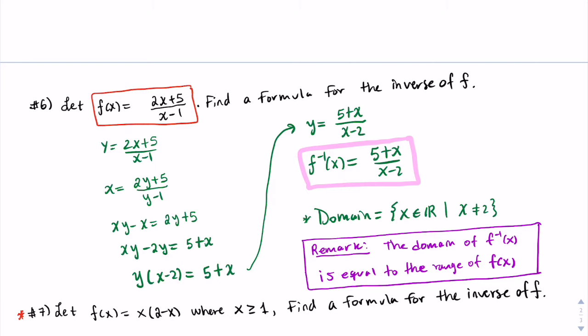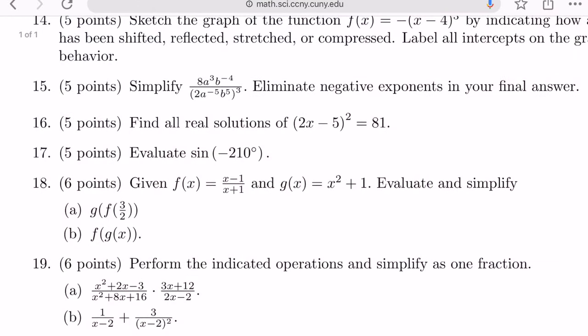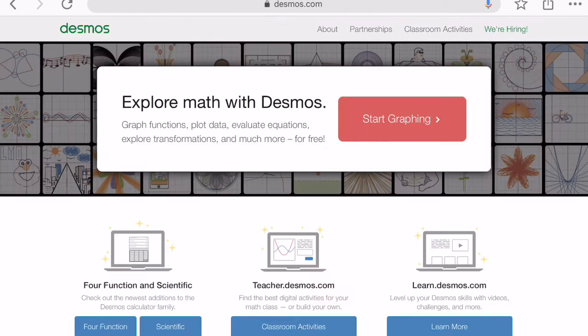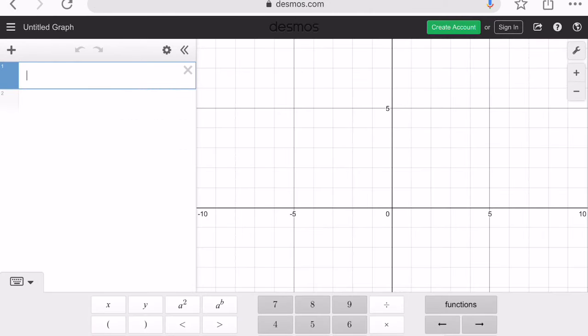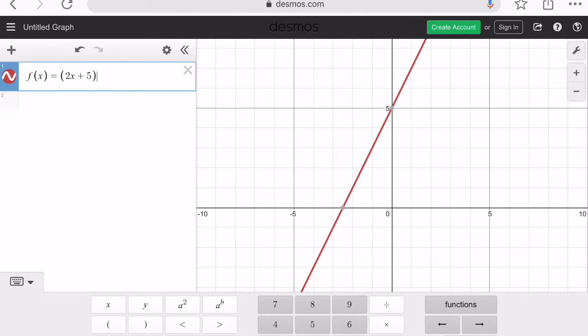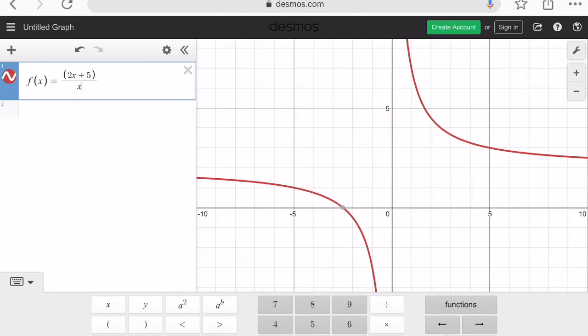Sure. So let's go to Desmos. We are going to name it f of x equals, so what did we have on top? 2x plus 5 over x minus 1.